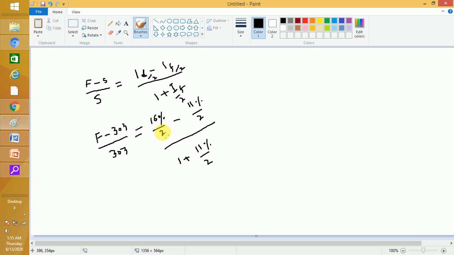So 16% divided by 2 gives 8%, meaning 0.08, minus 11% divided by 2, which is 5.5%.